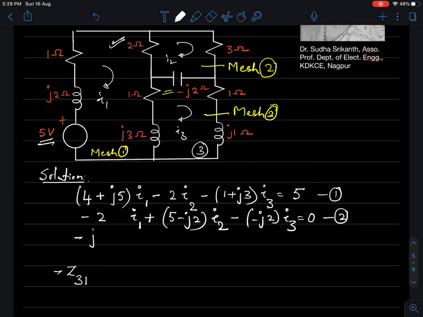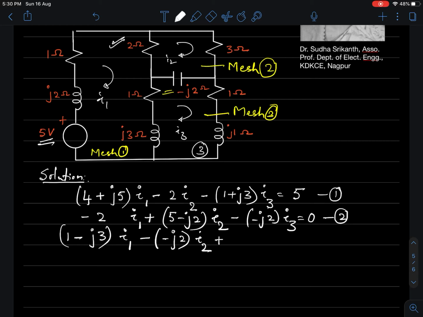So minus (1 plus J3) into I1. Now, what is common between the second and the third mesh? That has to be taken with a negative sign, so that is minus J2 into I2.